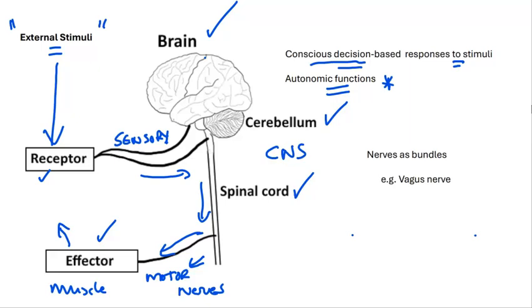The nerves which are traveling from the central nervous system are often bundled together, an example of which would be the vagus nerve.